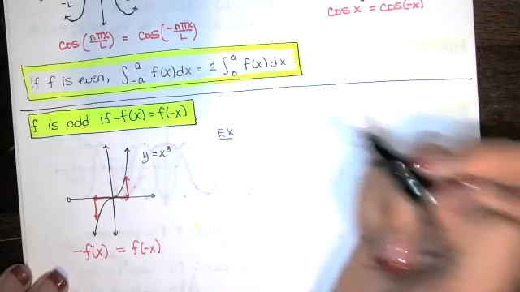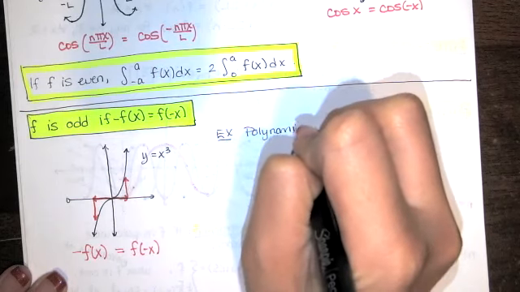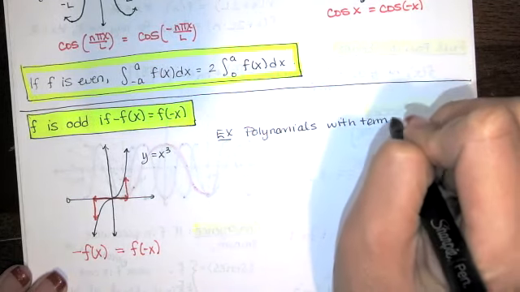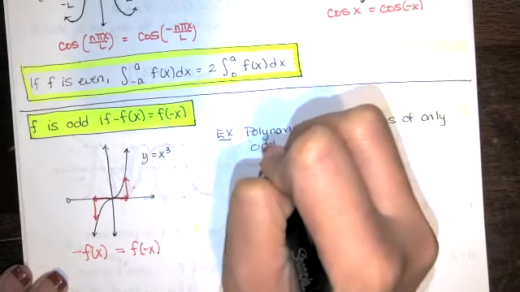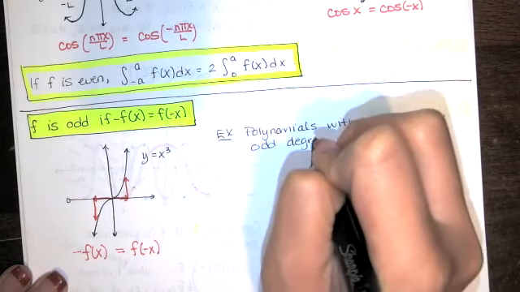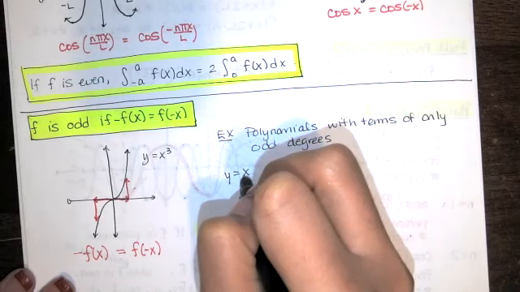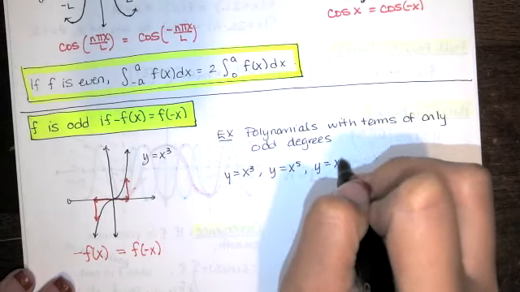So odd functions include polynomials with terms of only odd degrees. Those are going to be odd functions. So y equals x cubed, y equals x to the 5th, y equals x to the 7th.